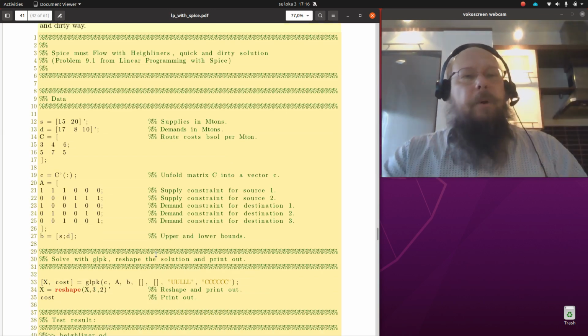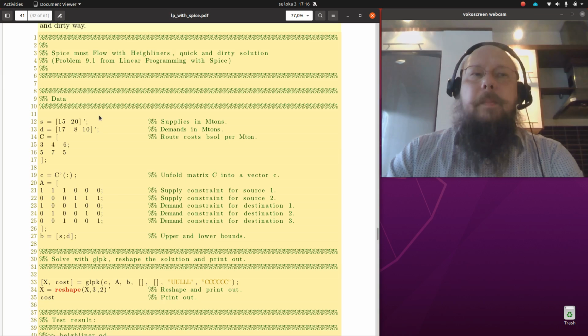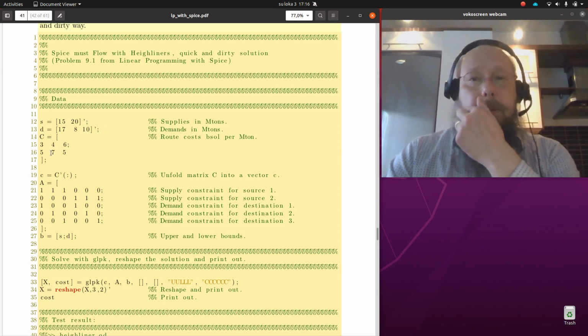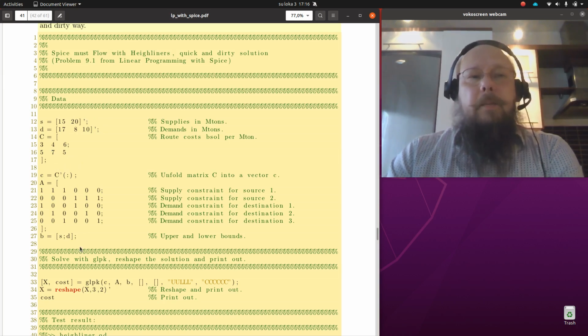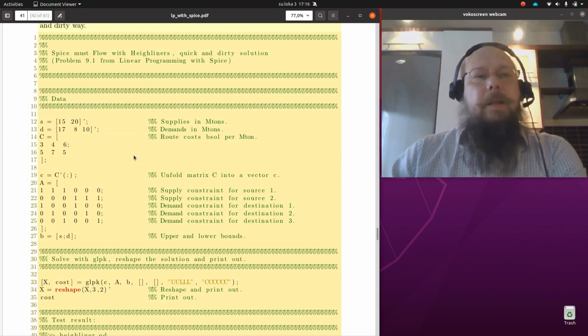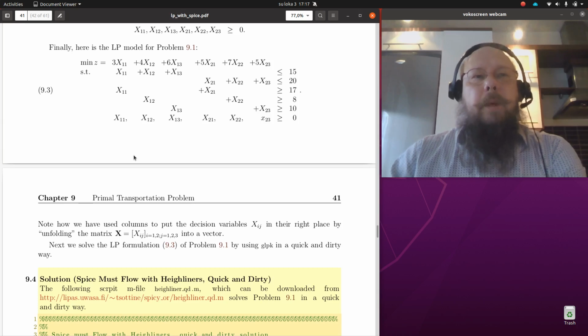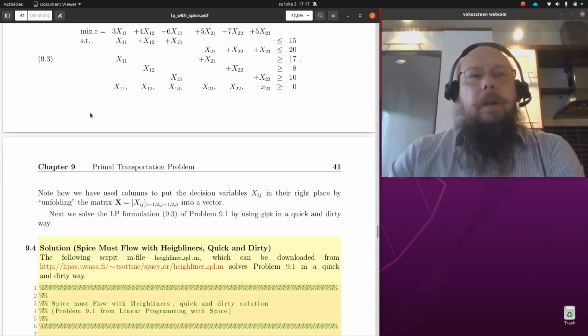First we have the problem data, and this data is two-part. The first is just supplies, demands, and the cost matrix, S, D, and C. This is the data of any transportation problem basically. Next, we transform this supply, demand, and cost data into objective vector, technology matrix and bounds. So here we build this LP model 9.3.